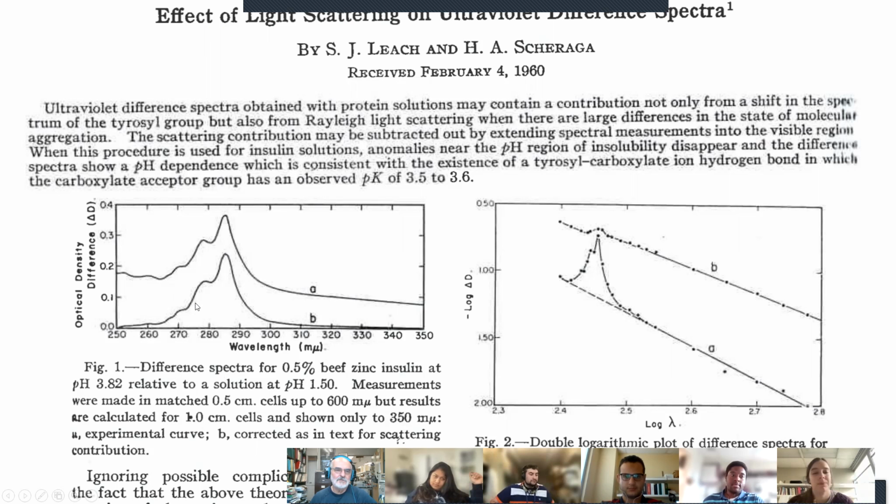It basically is showing you resolution of peaks that partially correspond to tyrosine, tryptophan, phenylalanine. But what it's showing you is what the raw spectra looks like in A and what the light scattering contribution is in B. So they've subtracted out all the light scattering.